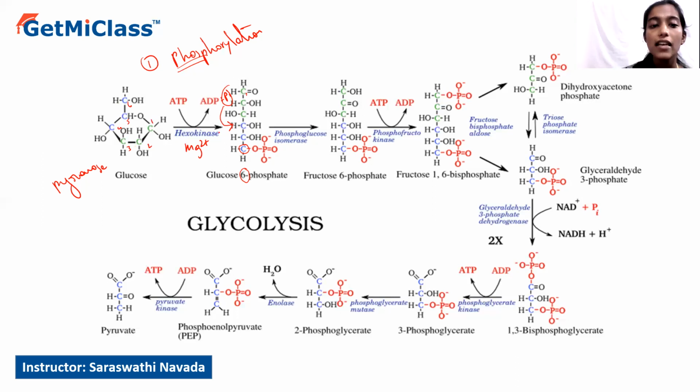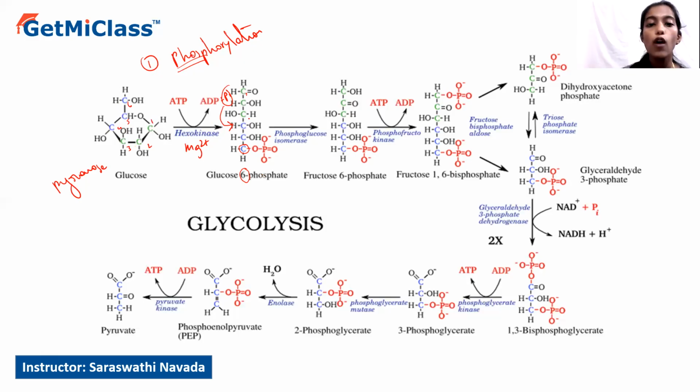Hence, the name of the enzyme is hexokinase. So, in the presence of hexokinase, glucose will be converted into glucose 6-phosphate, and the phosphate for the glucose will be added upon hydrolysis of ATP into ADP as well as inorganic phosphate.